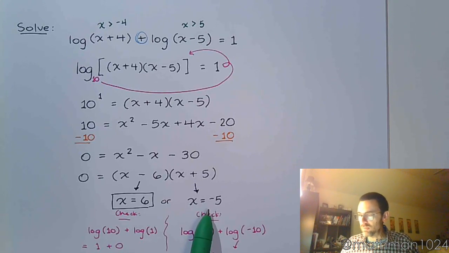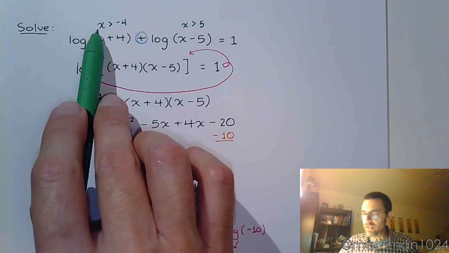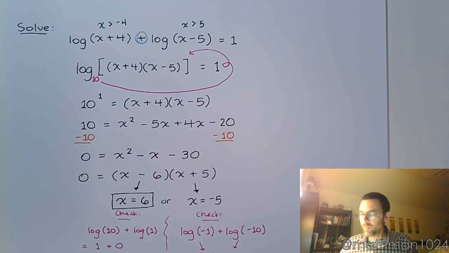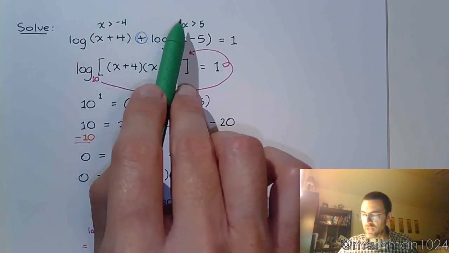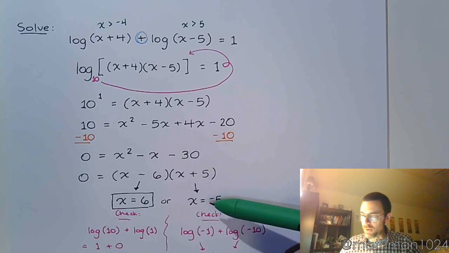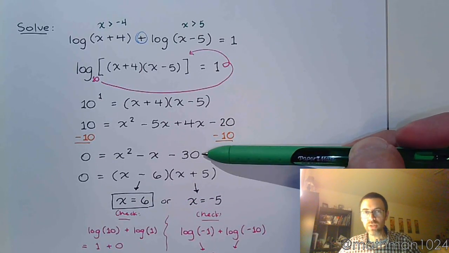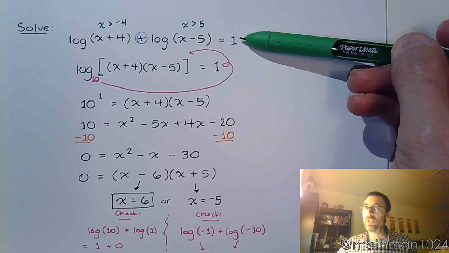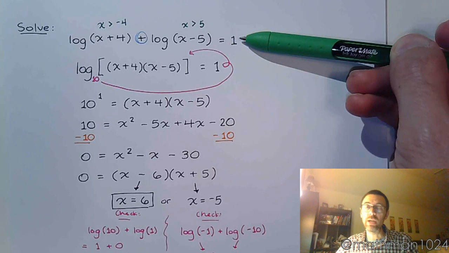Only x equals 6 is greater than 5 and greater than negative 4. All right? So even though these solutions are perfectly fine for this equation, you always go back to the original to check, especially when we're talking about logarithms.